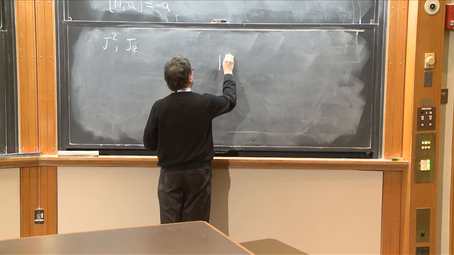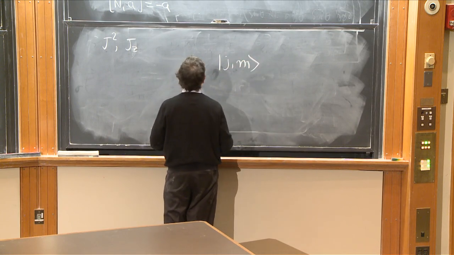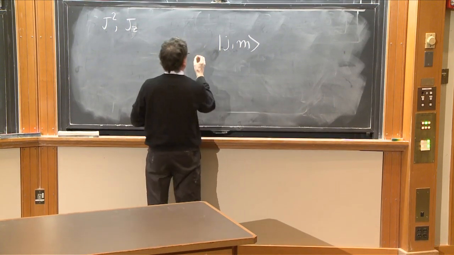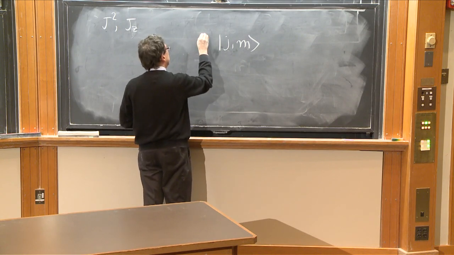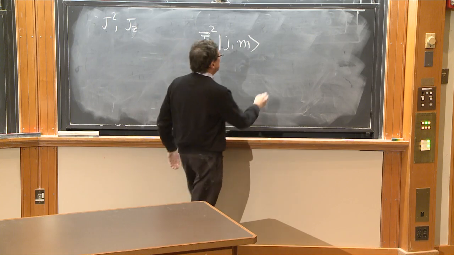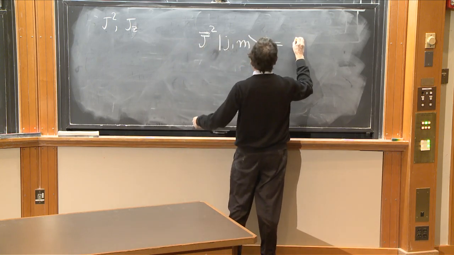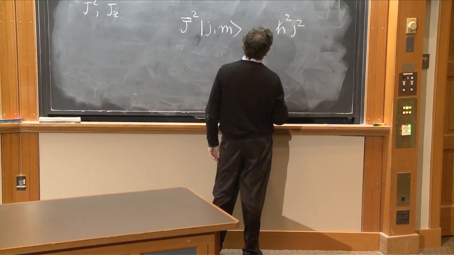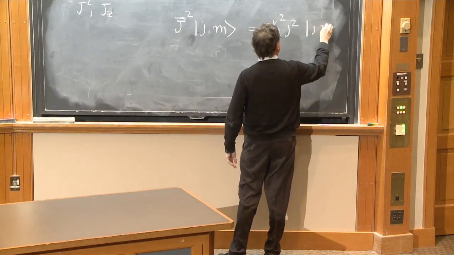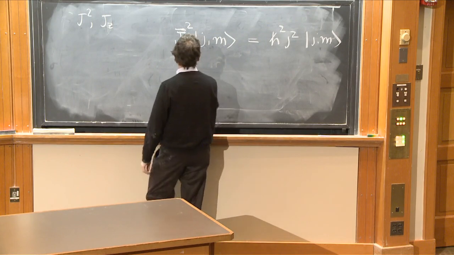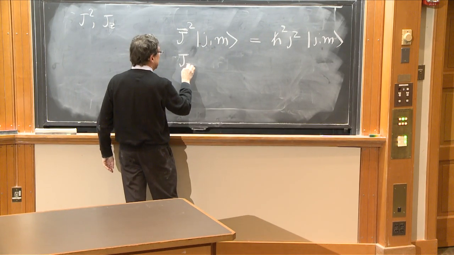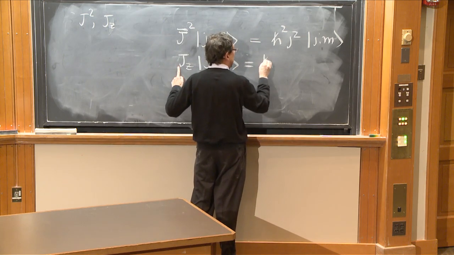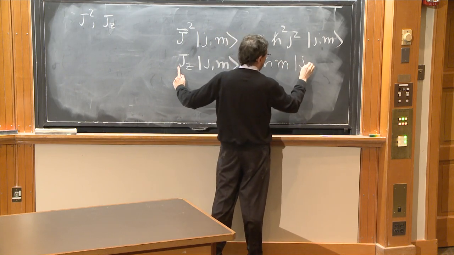Let's see. So I'll define states jm that are eigenstates of both of these operators, and I have two numbers to declare those eigenvalues. You would say J squared on jm. Now, any normal person would put here maybe h bar squared for units times j squared. But, don't copy it yet, and Jz on jm has units of angular momentum, so an h bar times m times jm.